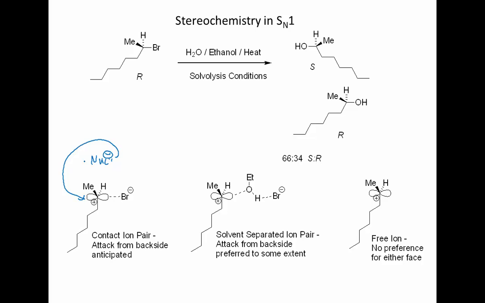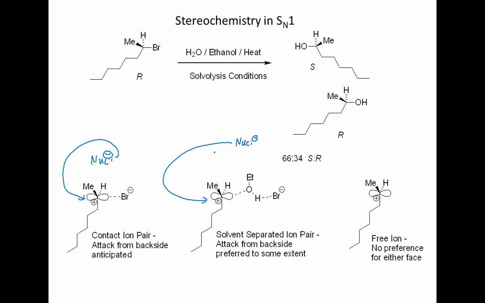We can also insert a solvent molecule between our halide and our carbocation, but we still have one face more accessible than the other in this case, and we'd also probably predict a backside attack.